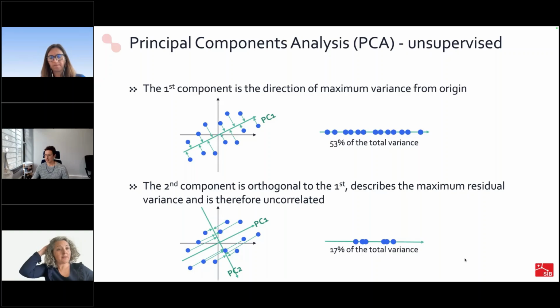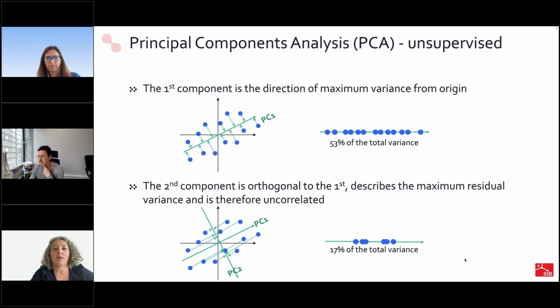Unsupervised analysis, you may know the principal component analysis, which is really like the mother of all this family of methods. The PCA aims to compute the first component, that is the maximum variance from the origin.